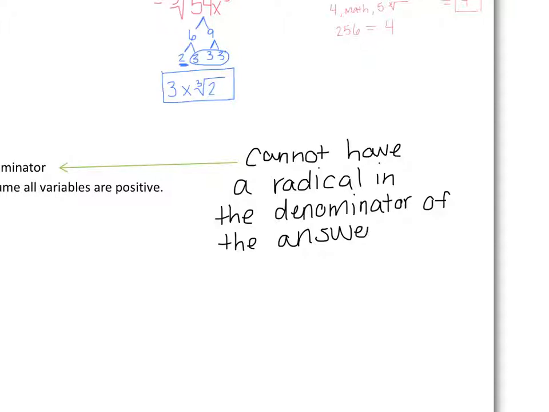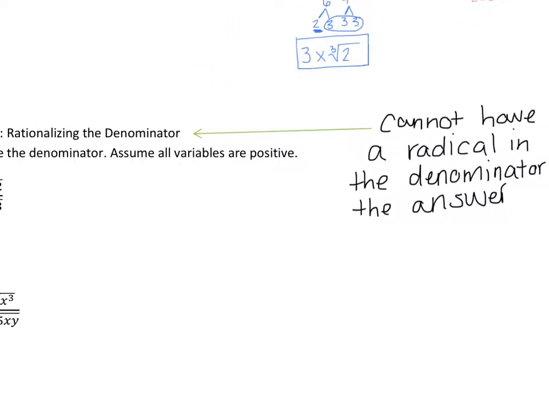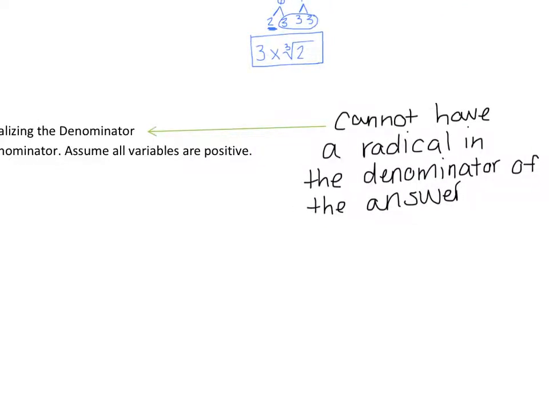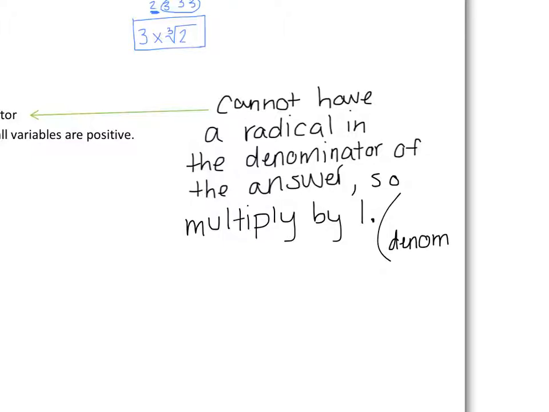That's just like one of those math grammar things. We just don't want complicated things in the denominator. So, to get rid of it, we rationalize it. That's what it's called. To do that, you multiply the entire thing by 1, but you make that 1 look exactly how you want it to. So that 1 will look like denominator over denominator, whatever it is.